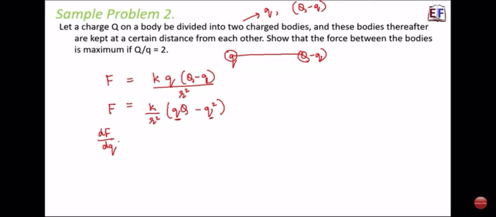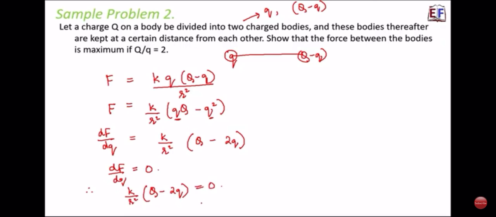So dF by dq, if we differentiate it, becomes K by R square into (capital Q minus 2q). I'm not getting into the differentiation concept. So now for getting its maximum value, dF by dq should be equal to 0. So therefore K by R square into (Q minus 2q) should be equal to 0. So from this we get that small q is equal to capital Q by 2. Therefore capital Q by small q is equal to 2.